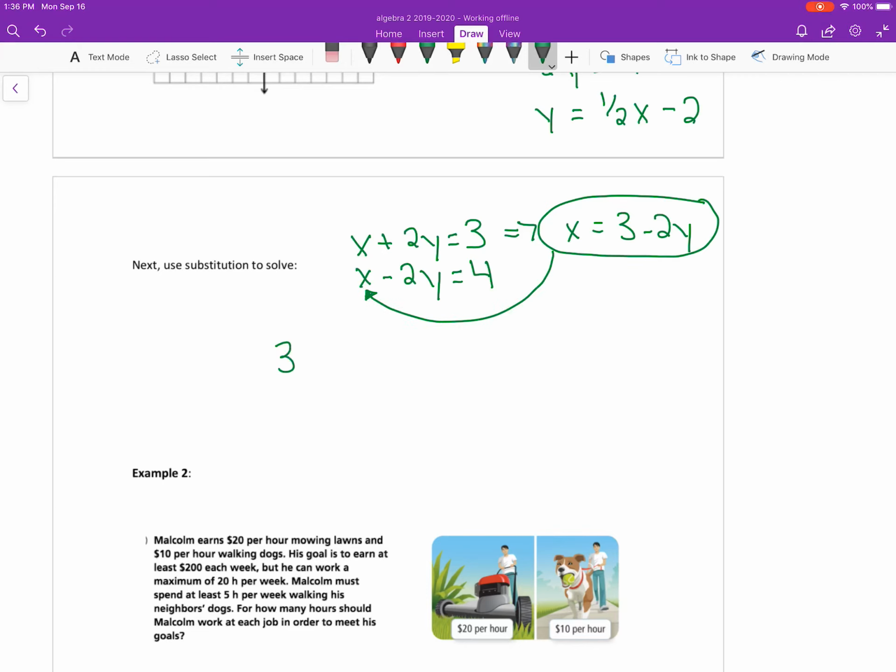So we would have 3 minus 2y equals 4. Combining our like terms, negative 4y equals 1, or y equals negative 1/4.